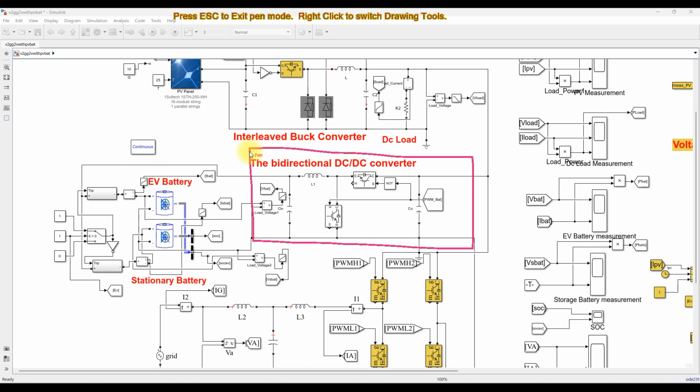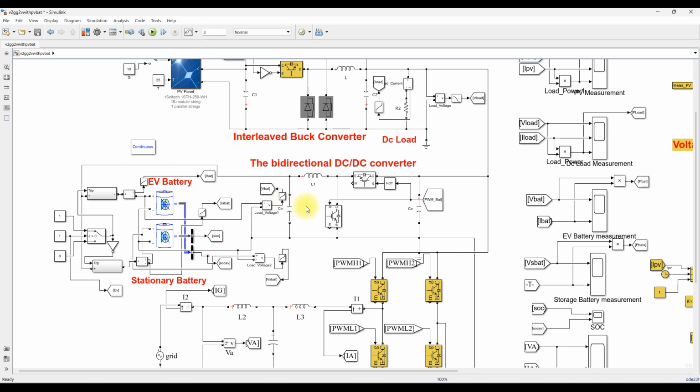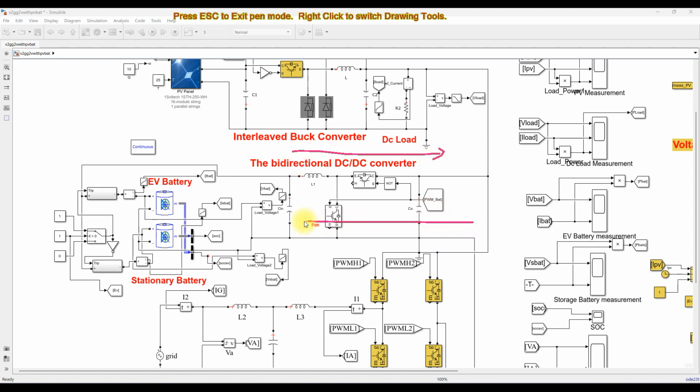For that we are using a bidirectional converter here, and it works in both directions. So it will send power to the DC bus, or else it takes power from the DC bus. This bidirectional converter operates in both directions when a stationary battery is connected to the system.